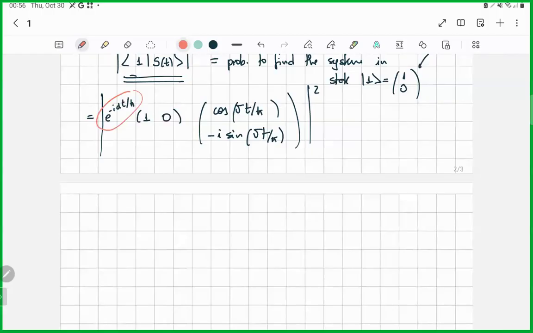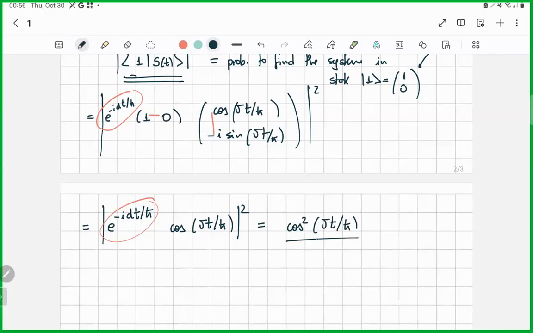If I do this product of this line with this column, what survives? I'm going to keep that whole thing there, but you already know that this term is going to disappear. And the product of these vectors just gives us the cosine. So, as we said, this part, absolute value square, is just 1. We get cosine square of jt over h bar.